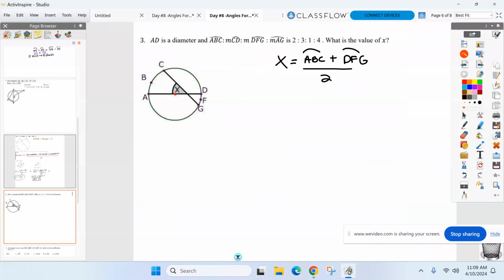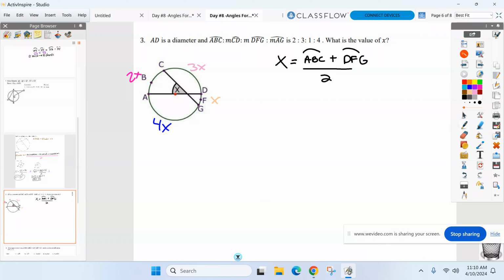We're not going to put a 2 there, we're going to put 2X. CD, we're not going to put a 3 there, we'll put 3X. DFG, we'll put an X. And finally, AG, we'll throw a 4X on that.